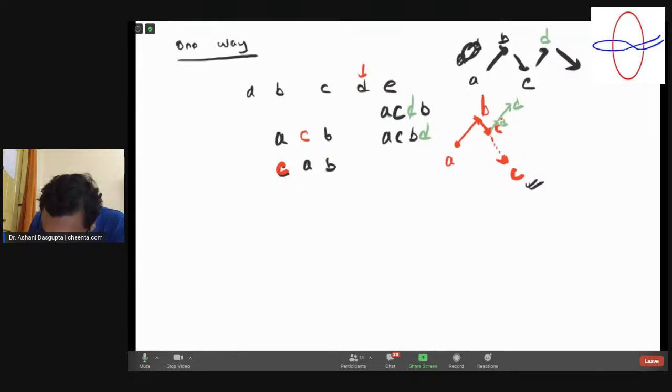So I can either draw it here, which is like this, or like this, D, or like this.